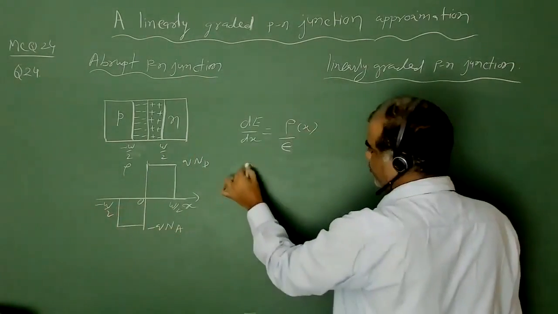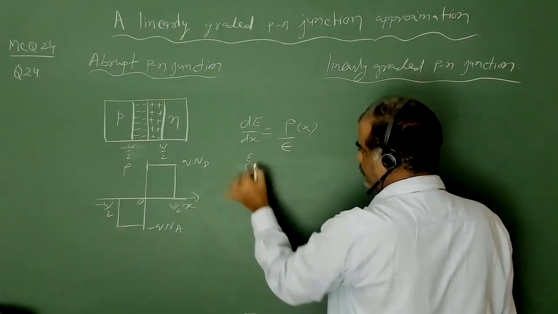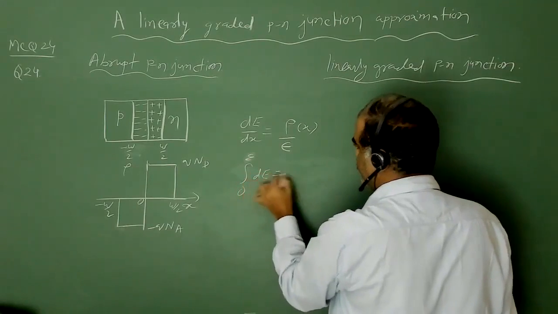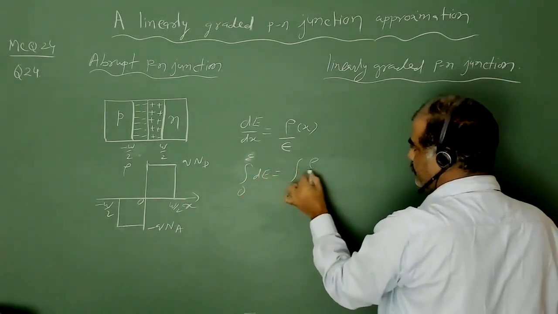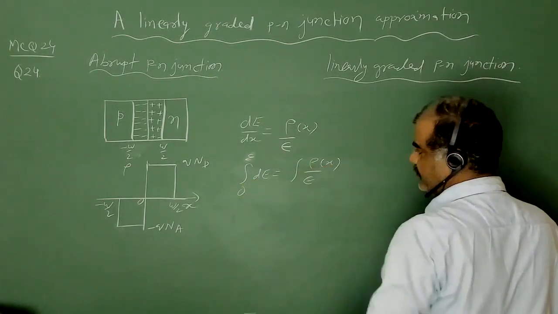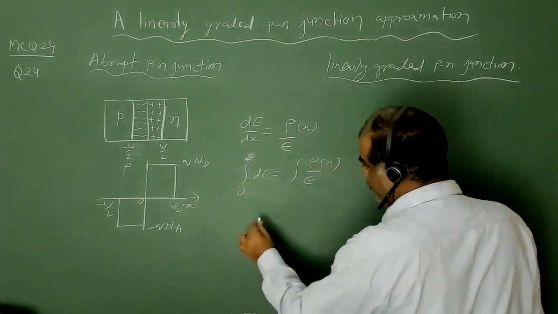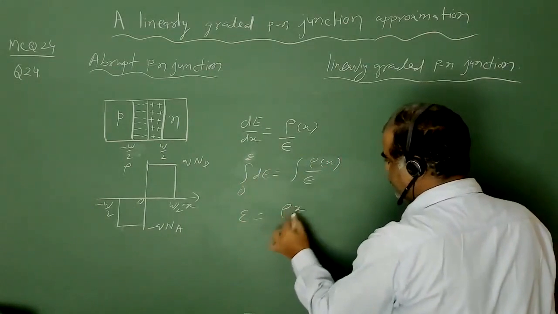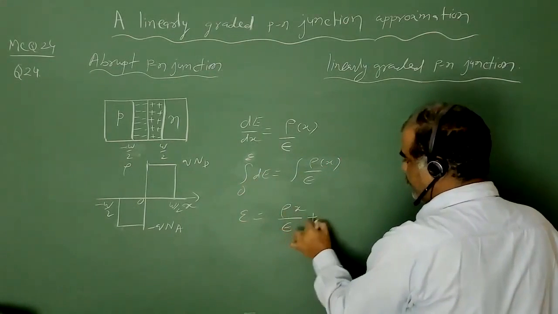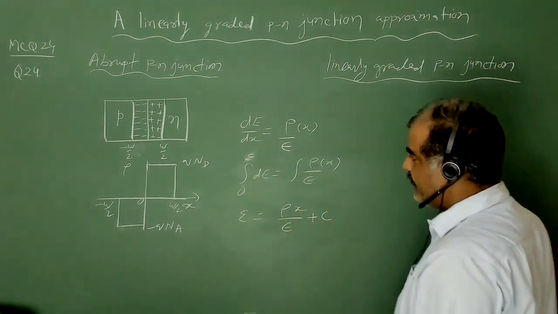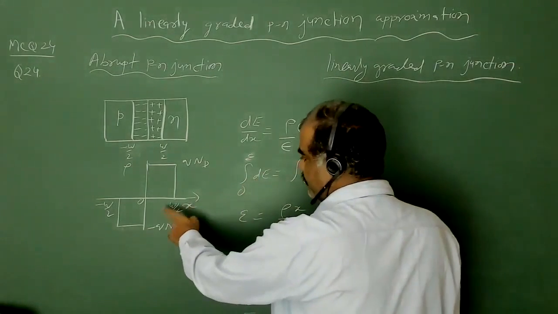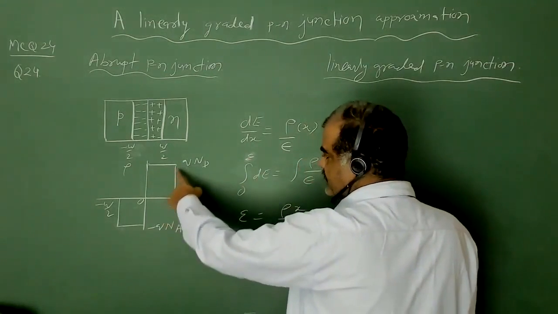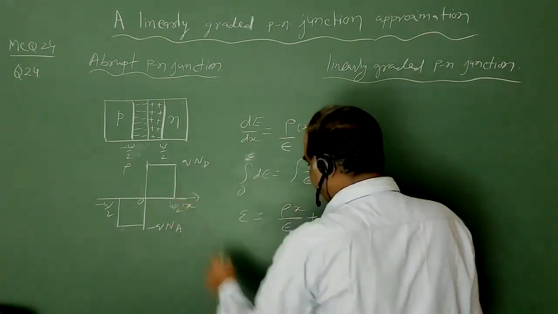I can integrate this equation, which will give me electric field as rho upon epsilon times x plus a constant. Now if I apply boundary conditions, I know at x equal to plus W by 2, charge density becomes suddenly 0, so electric field will be 0.